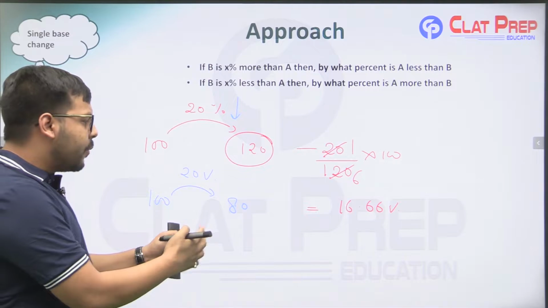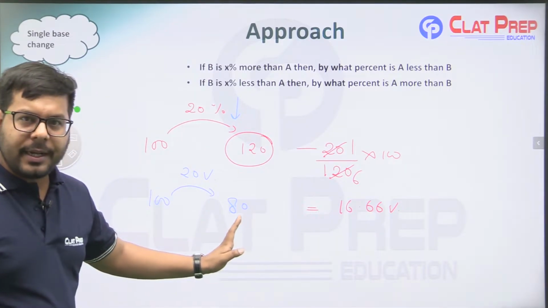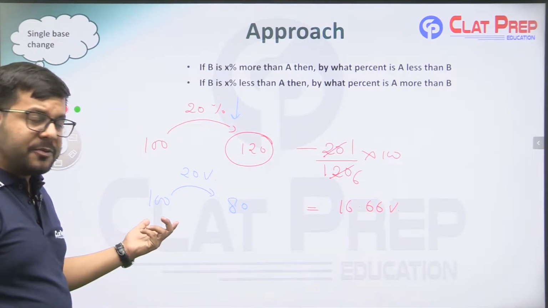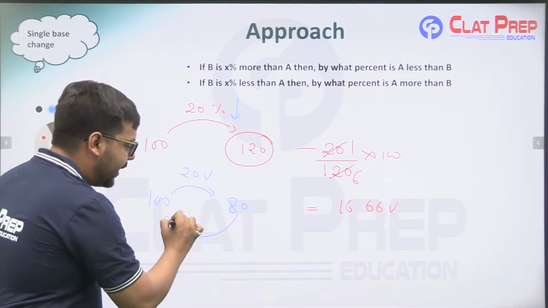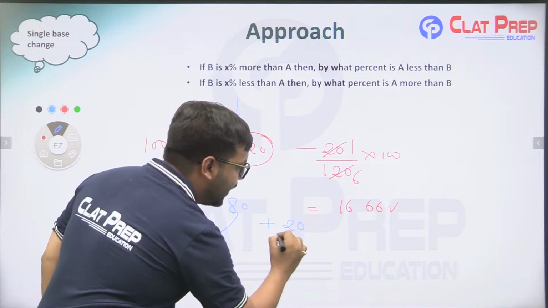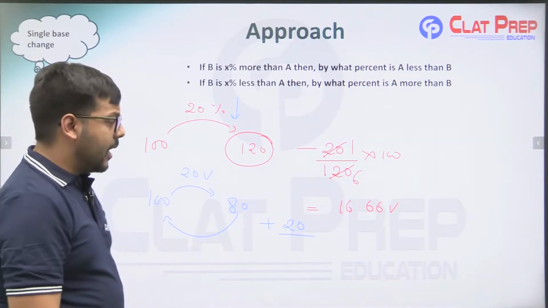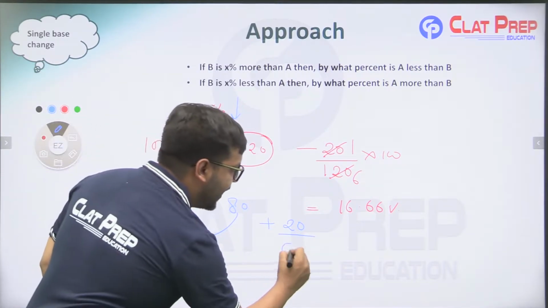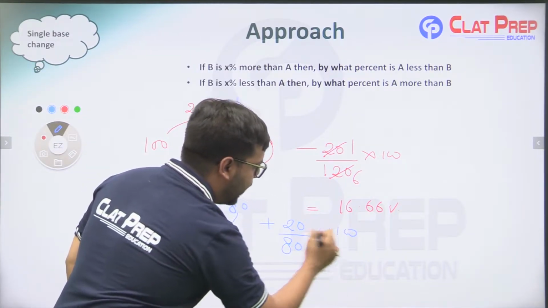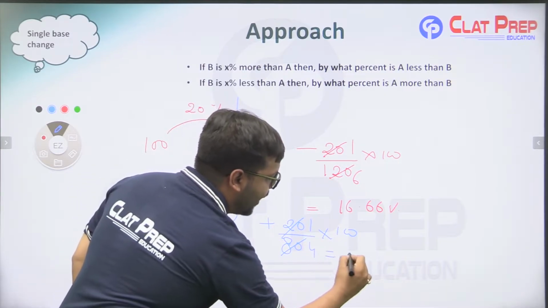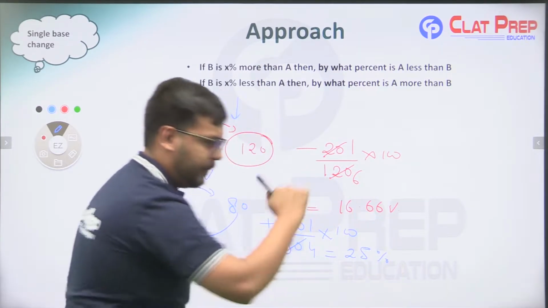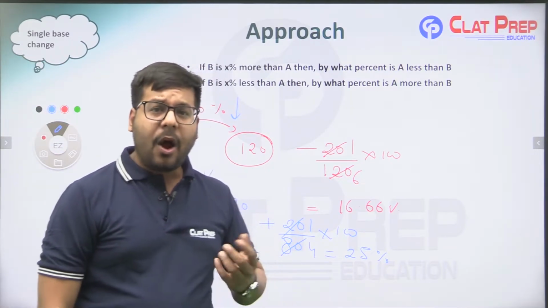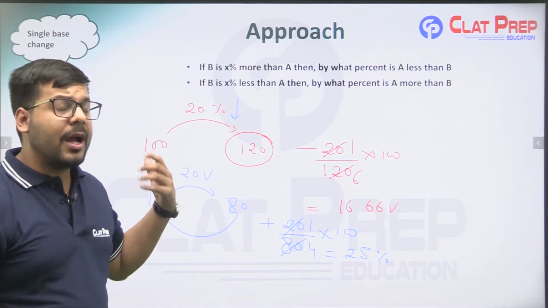Now if I want to know that 100 is what percent more than 80, or if I want to change 80 such that I get 100 as my result, I can see that I have to increase it by 20, but this 20 का जो आप increase करना चाहते हो, it will be calculated with respect to 80 and not with respect to 100. So the base will be 80, which gives 20 by 80, which is nothing but 1 by 4, that is 25%.